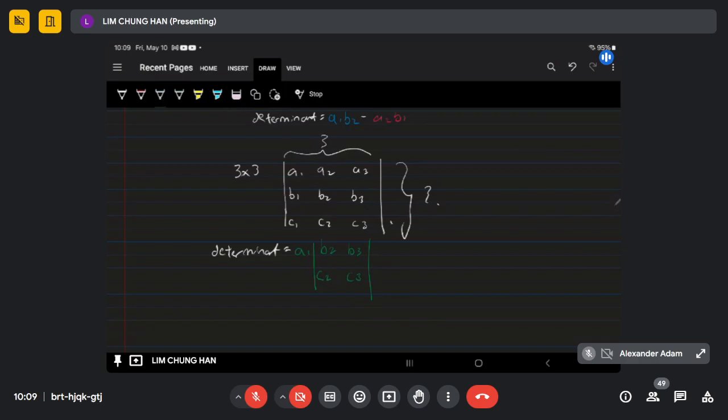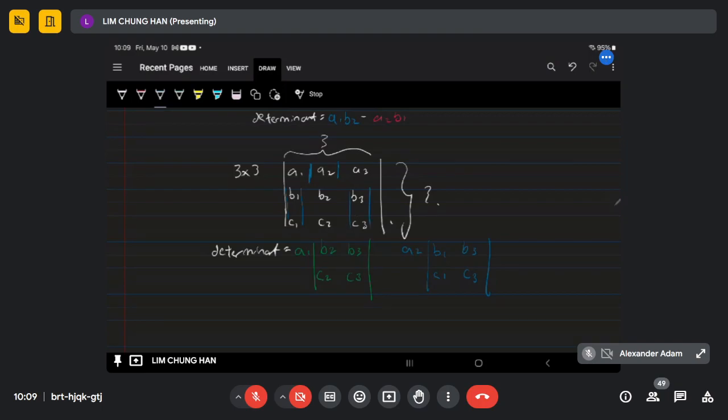Next, we go to A2. Can you guess what goes inside? B1, C1, B3, C3. Correct. So you choose this and this, and it goes in there.